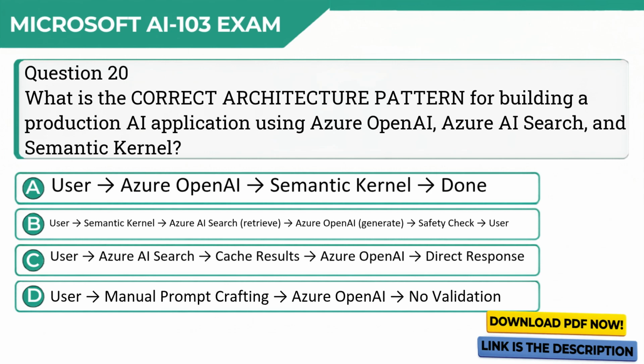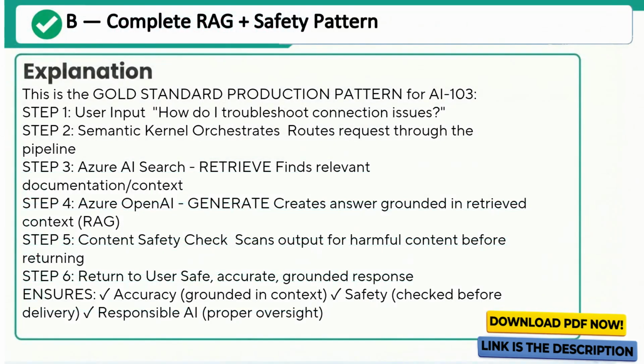D. User, manual prompt crafting, Azure OpenAI, no validation. Correct answer: B. Complete RAG plus safety pattern. Explanation. This is the gold standard production pattern for AI-103.